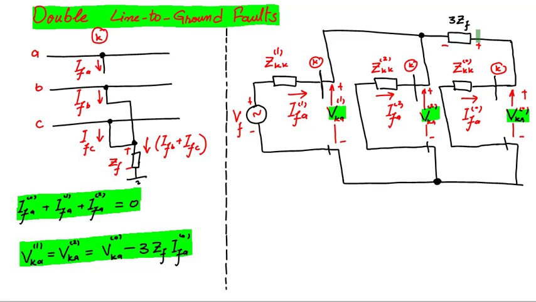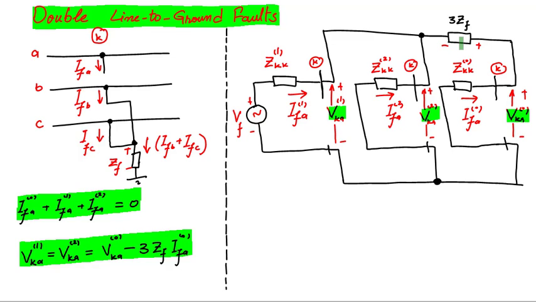So this is that voltage drop. If we subtract this voltage drop from VK zero sequence, that will become equal to VK positive and VK negative. So the voltage equation is satisfied by connecting these 3 sequence equivalent circuits together, positive and negative directly to each other, and zero sequence is connected across them through this impedance 3 ZF.